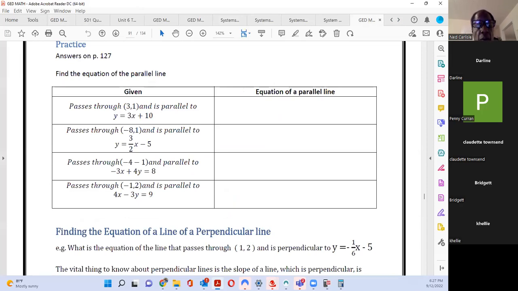The first thing you're going to do is, what do you know about parallel lines? It's the same as, how could I say this? Parallel, it's the same slope as, parallel and perpendicular, is it?